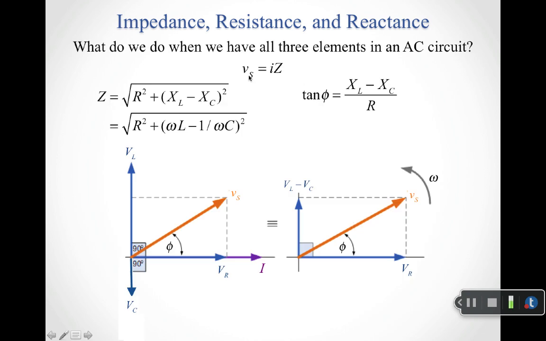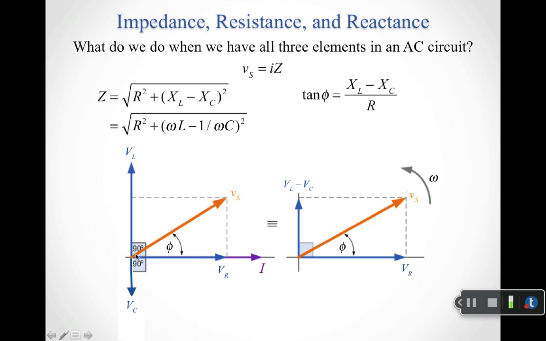So what happens when we have all three elements within our circuit? Well, effectively what I'm going to do is just piece them all together. And here's where our phasor diagram is going to be incredibly useful. If we think about the current, we're going to set the positive x-axis as being the voltage of the resistor.